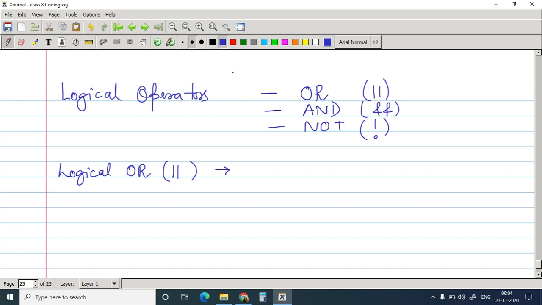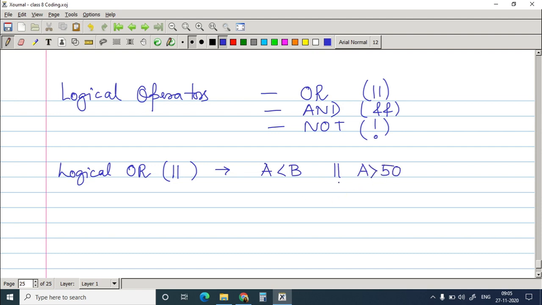This logical OR is used to combine two conditional expressions, and if the result is true in any one of them, then the final result is also true. Let us take an example: A less than B or A greater than 50.